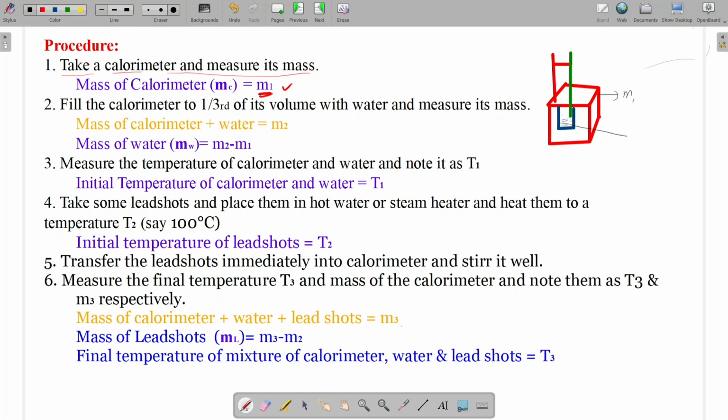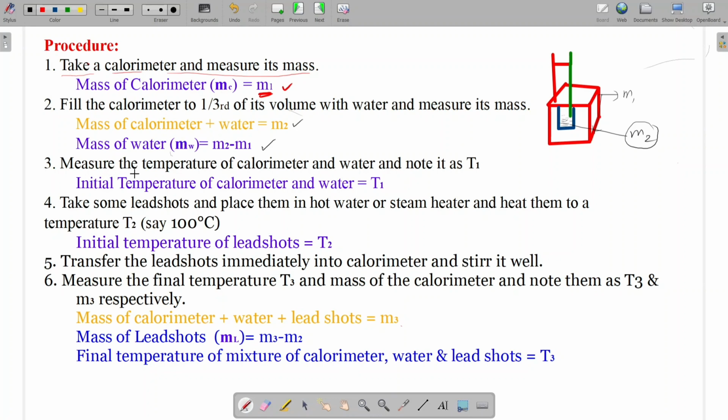Now along with water, the total mass of the calorimeter plus water is m2. If I want only the mass of water, then the mass of water is equal to m2, the total mass of calorimeter plus water, minus the mass of the calorimeter. So the mass of water is m2 minus m1.